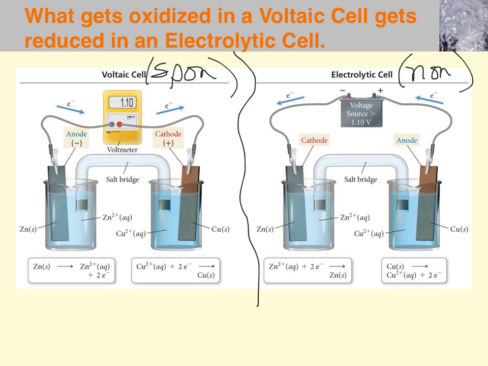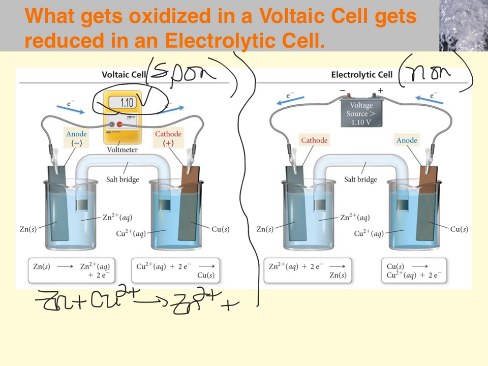In a spontaneous cell, you want an overall positive voltage, and if you wrote out the balanced reaction for this spontaneous cell, it would look like this. Now, an electrolytic cell, which is non-spontaneous, simply flips the spontaneous reaction. So what's going on in this non-spontaneous cell is the following.